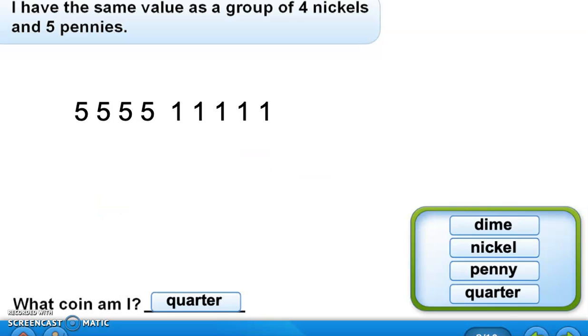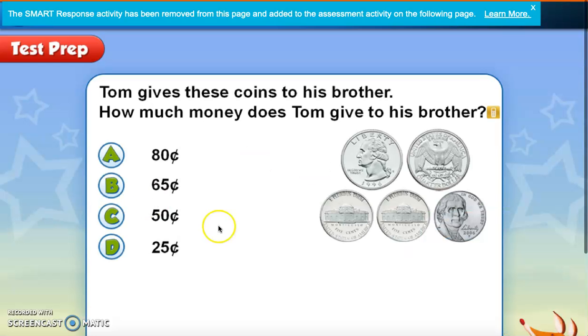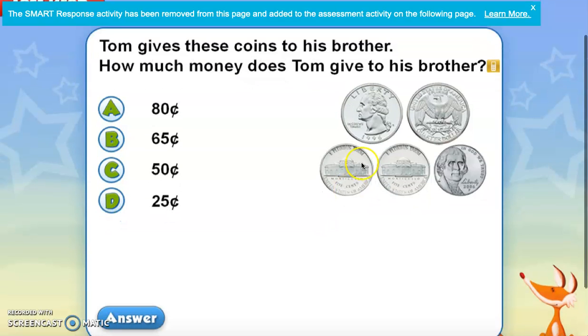Okay, all right. So Tom gives these coins to his brother. How much money does Tom give to his brother? So we have 2 quarters at the top, and we have 3 nickels on the bottom. So we're going to count by 25s, and then when we get to the nickel, we're going to count by 5s. Okay?